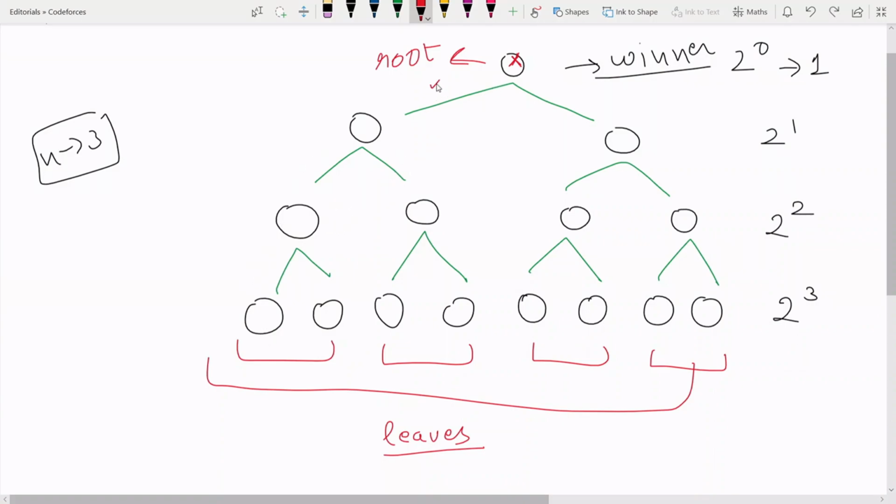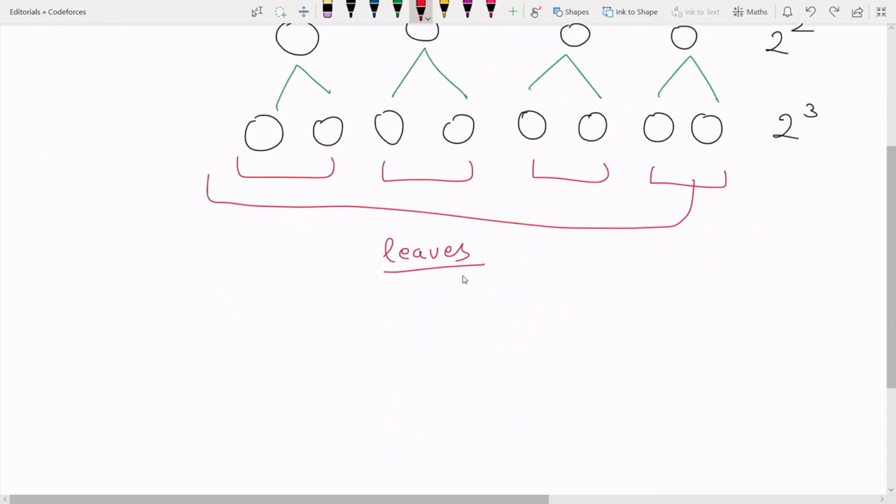Similarly, if we choose any path from root to any of the leaves, the leaf our path is pointing to will be the winner. So basically, my winner is dependent on the path from root to leaf.